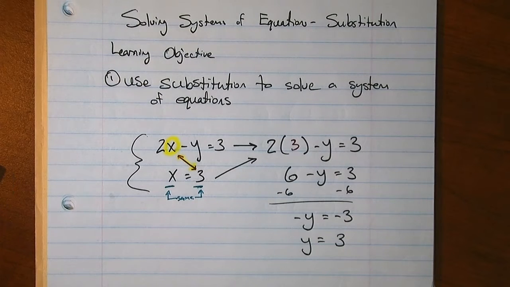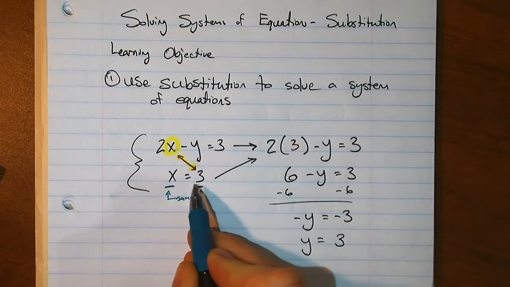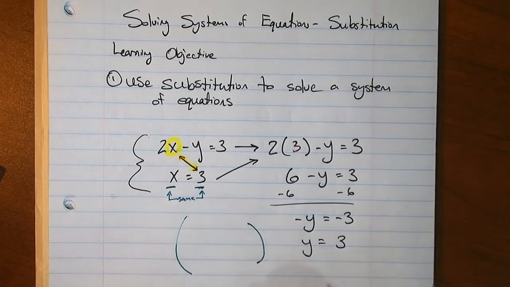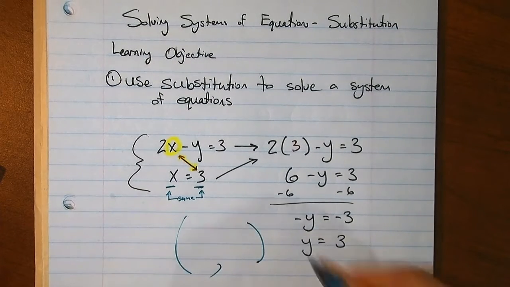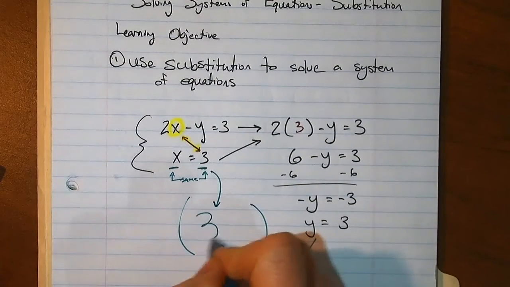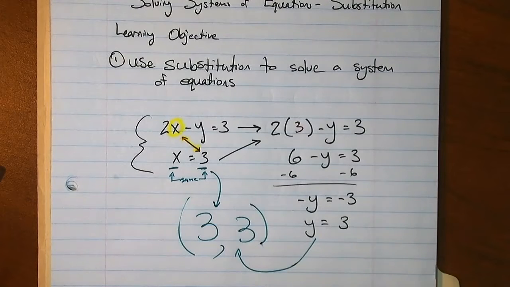And remember, we already know what X is. So if we know what X is, and we know what y is, then we can take those two pieces of information, put them into an ordered pair, and suddenly I have a solution to this problem, just like this.